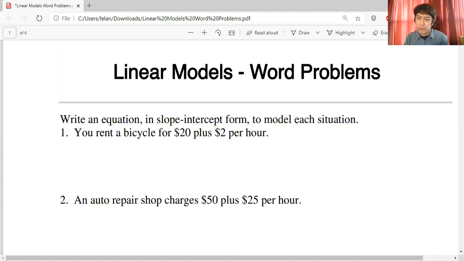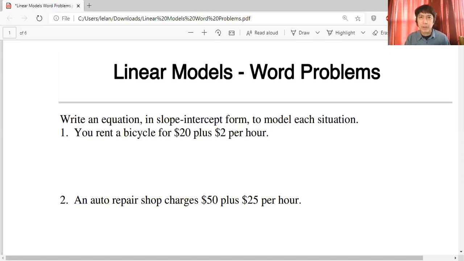So our two variables are r for the rent and t for the time. So we shall be able to write the required equation.